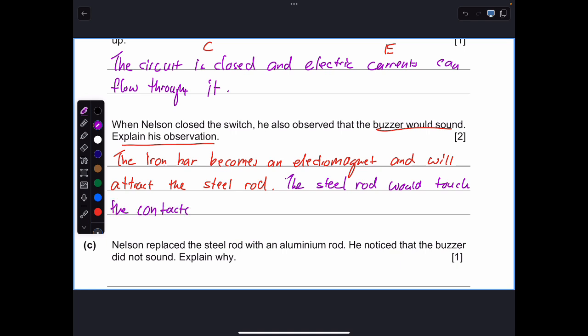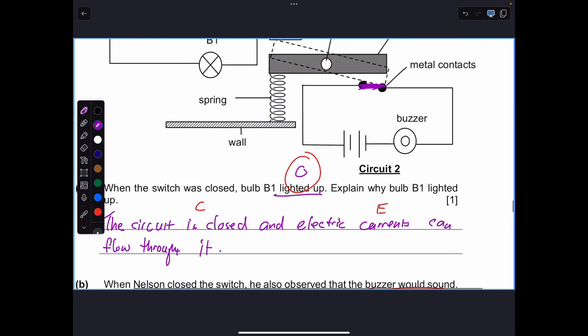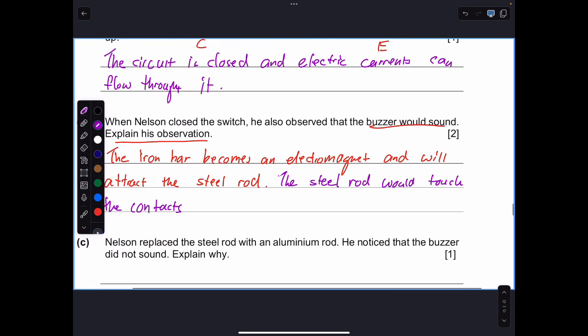And what happened? Because it came into the metal contacts here, it closed the gap. Okay, the circuit is now complete. It will close the circuit, allowing electric current to flow through.